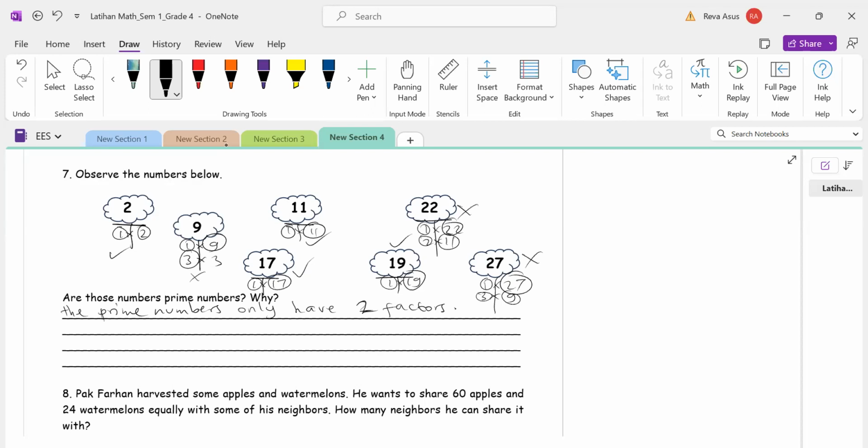But how can we explain it? We need to write it in words. The prime numbers only have two factors. We need to mention the prime numbers are 2, 11, 17, and 19.